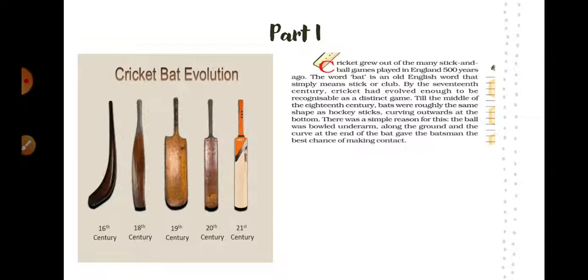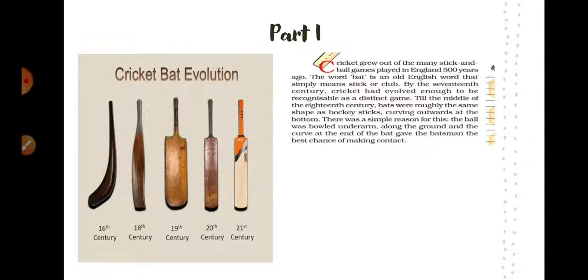Back at the time, the game was really very simple. It was basically a stick of wood with which a ball was struck. The bat itself, the stick of wood, has changed its shape throughout these 5 centuries. On the left-hand side, you can see a picture which depicts the evolution of a cricket bat.